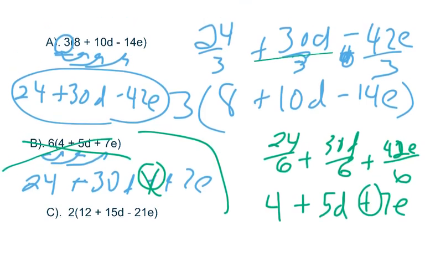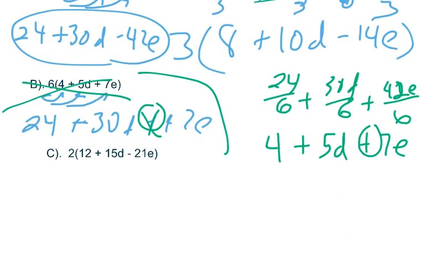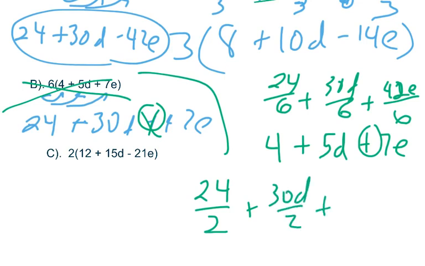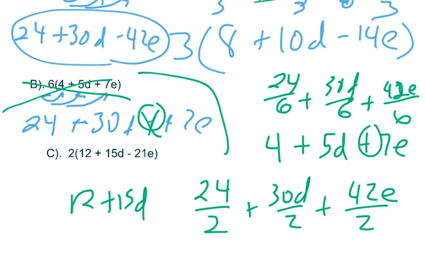And then last but not least, let's try 24 divided by 2 plus 30d divided by 2 plus 42e divided by 2. And when we do that, that gives us 12 plus 15d. Oops, I should have put a minus sign there.